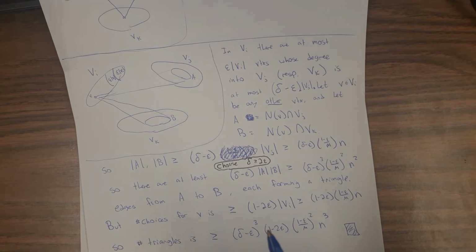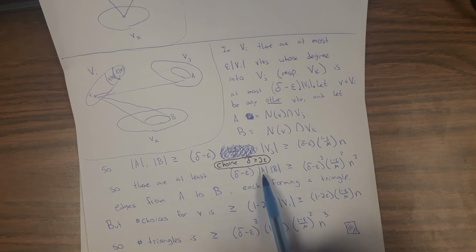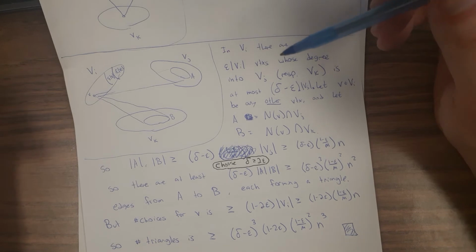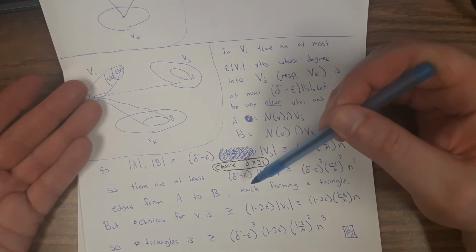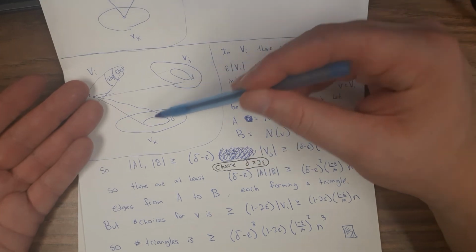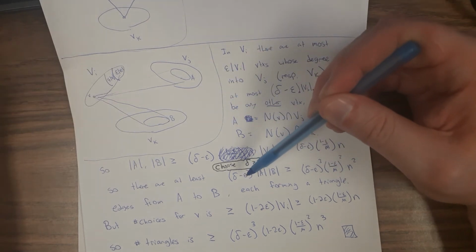So once again, the number of edges between A and B would be, I take the total number of possible edges, which would be size of A times the size of B, times the density. And the density would be at least this, because the density from Vj to Vk is at least delta, and the density from A to B is going to be within epsilon of that.